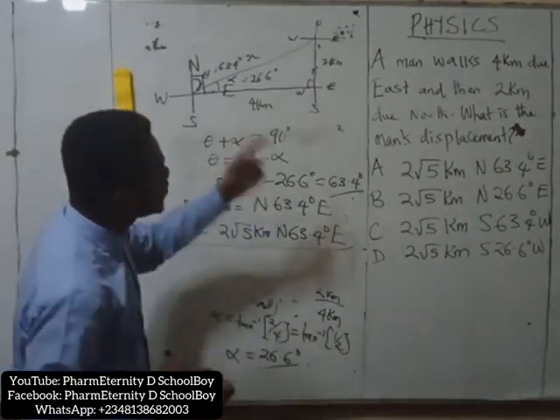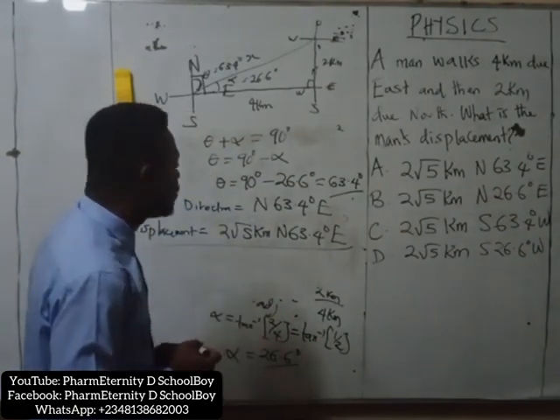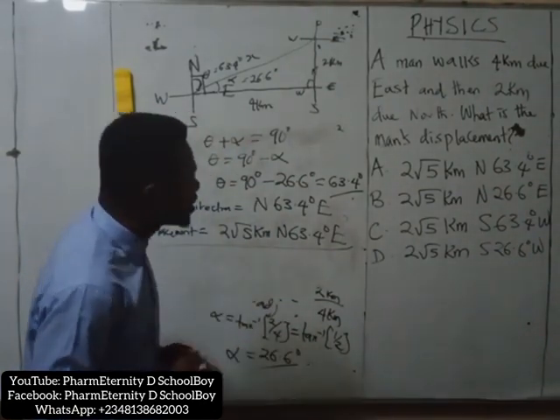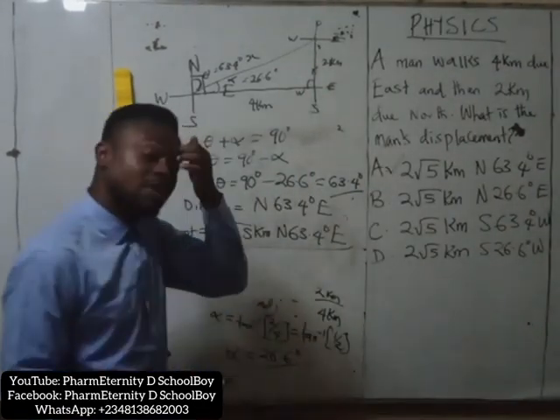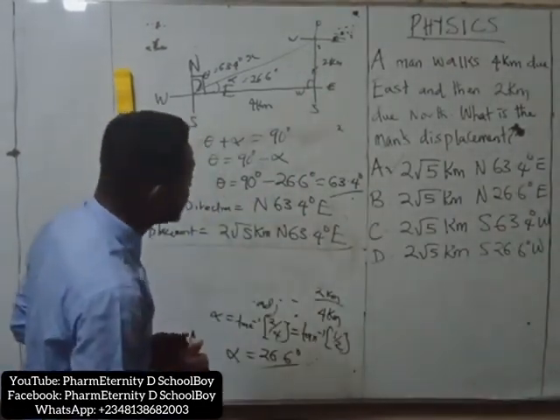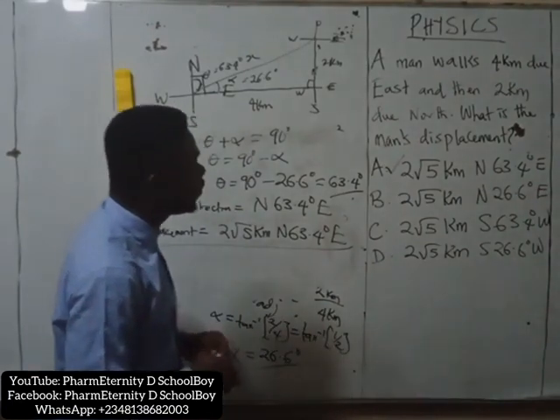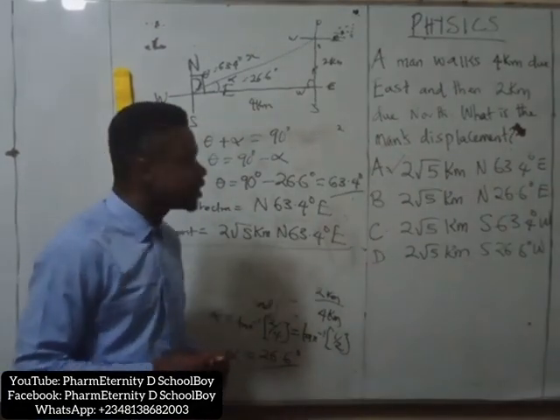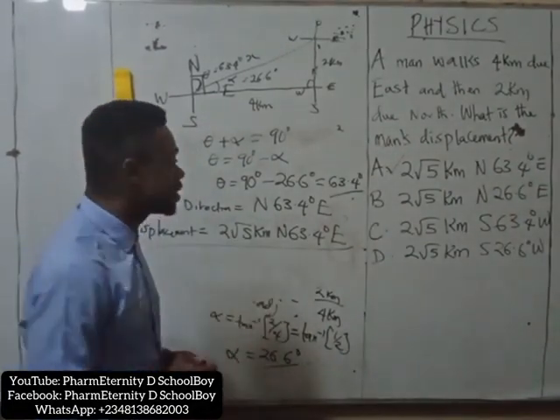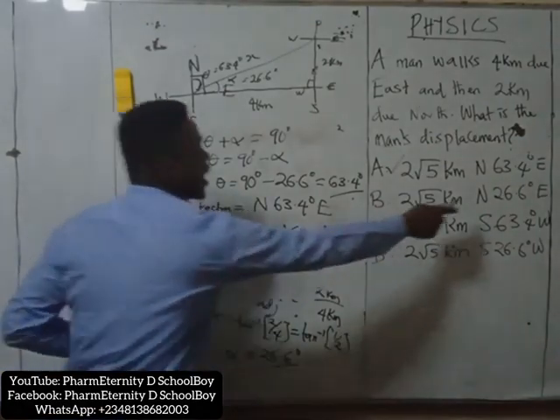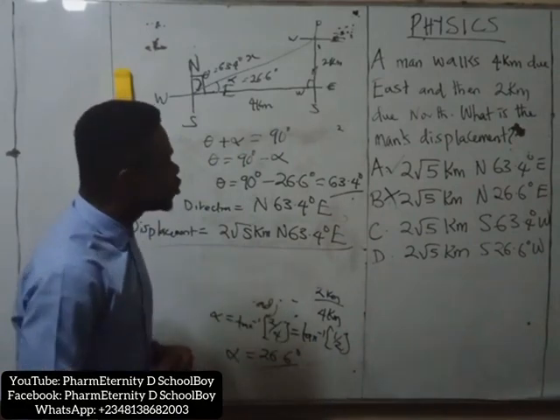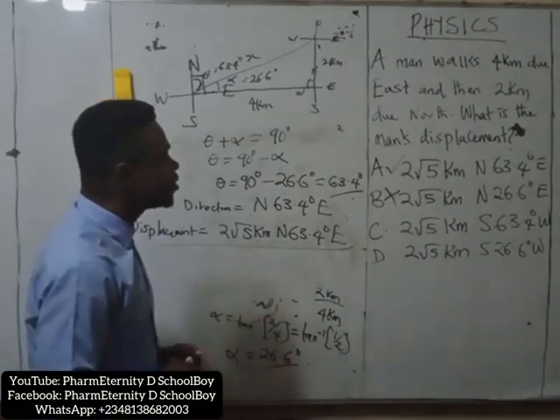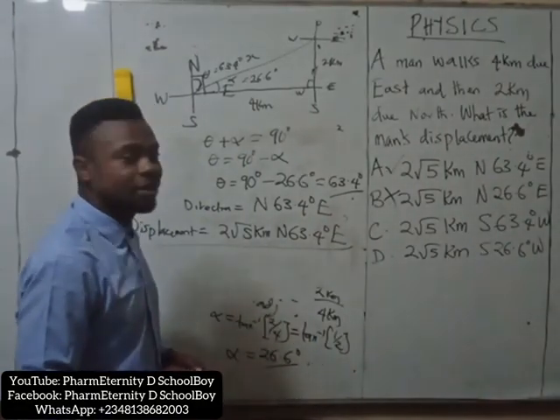So let's look at the options. Option A says 2 root 5 kilometers north, 63.4 degrees east. I'll tick this, but let me look at the other options. Option B says 2 root 5 kilometers north, 26.6 degrees east. No, this one used alpha, so it is wrong. C, 2 root 5 kilometers south, 63.4 degrees west.